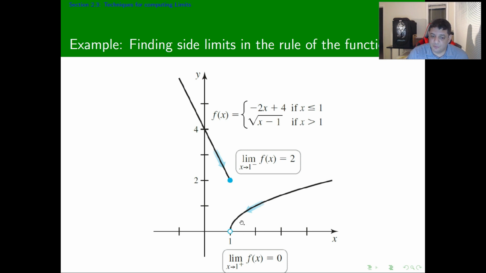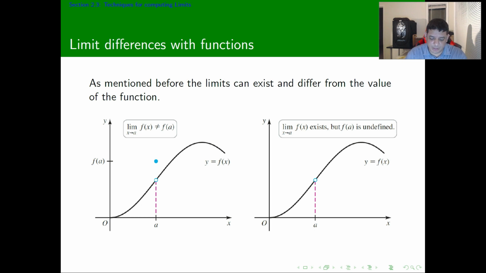The more that you move to the right side closer to 1, the more it approaches 0. So in this case, the general limit is not going to exist: the side limit from the left is 2, the side limit from the right is 0. Okay? So this is how you approach piecewise function limits.